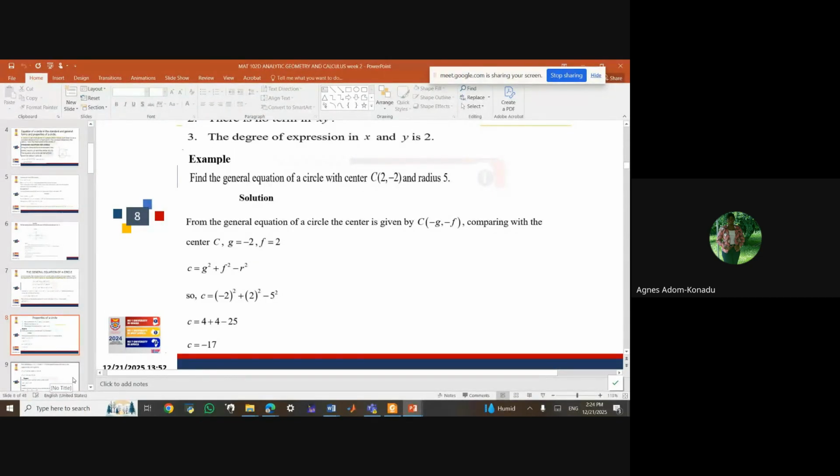Now substituting g equal to -2, f equal to 2, c equal to -17 into the general equation of a circle, the equation will be x squared plus y squared plus 2gx plus 2fy plus c equal to 0.